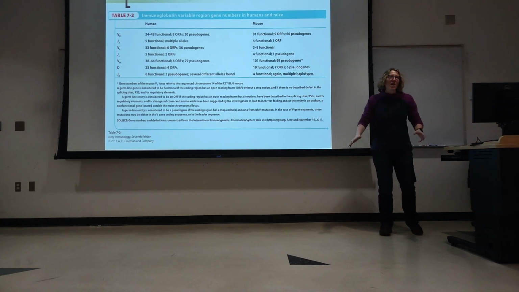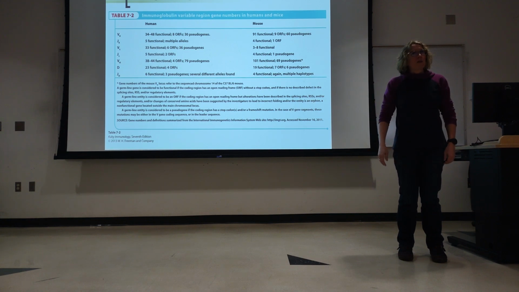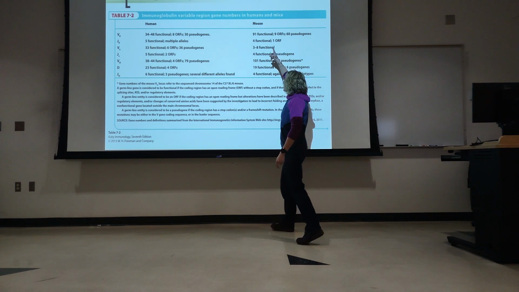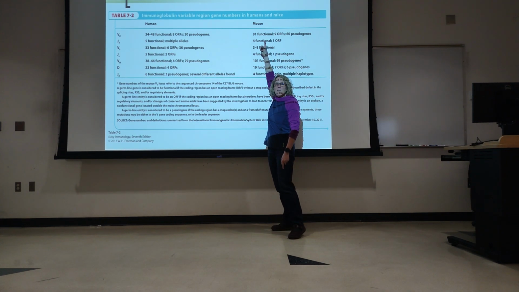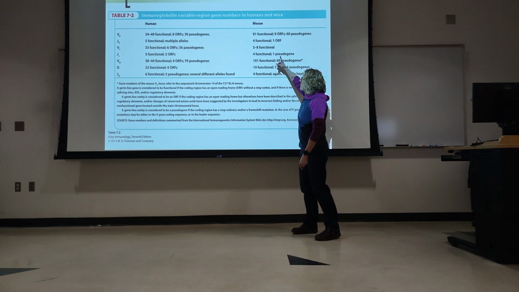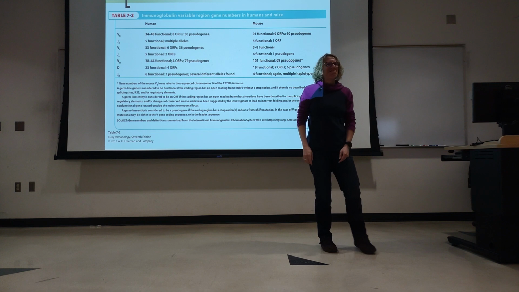Oh, here's another neat thing to point out that helps explain why mice are so skewed for using kappa genes instead of lambda genes. Look at how many variable regions you have in your kappa pool of genes. Look at how many variable regions you have in your lambda pool.